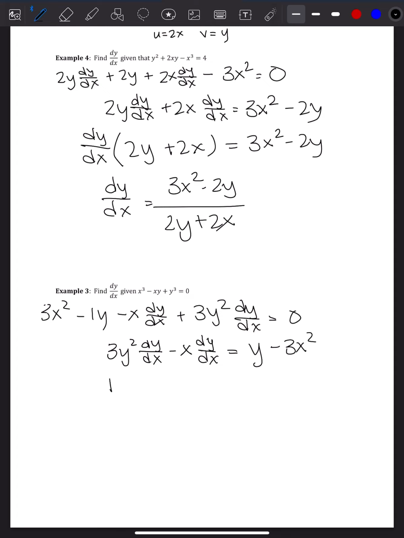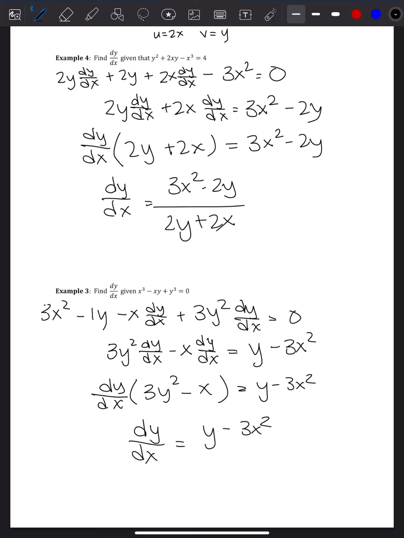We have our dy over dx's, so I need to factor them out, and then get dy over dx by itself. When we're doing this, the biggest thing with implicit differentiation is remembering to multiply by dy over dx, and then it's just practicing it.